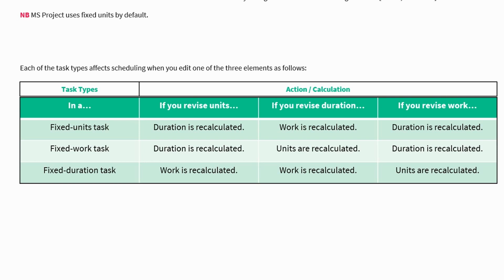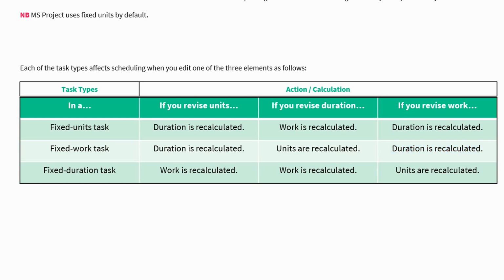If we look at a fixed work task, if you revise the units, the duration is recalculated. And if you revise the duration, units are recalculated, i.e. the allocation of those resources. And if you revise the work, duration is recalculated.